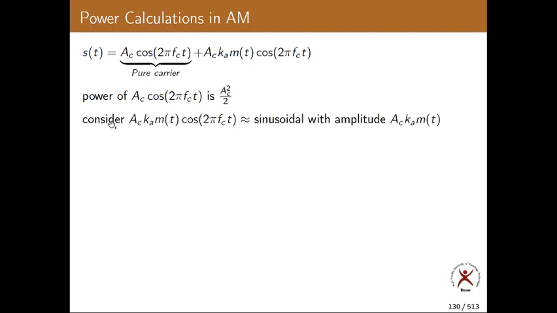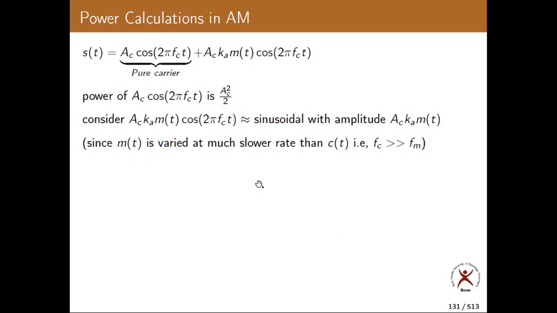Now consider this term: Ac Ka m of t cos 2 pi Fc t. It is also a sinusoidal signal, with amplitude Ac into Ka into m of t. This is simply an assumption, because m of t varies at a much slower rate than c of t.